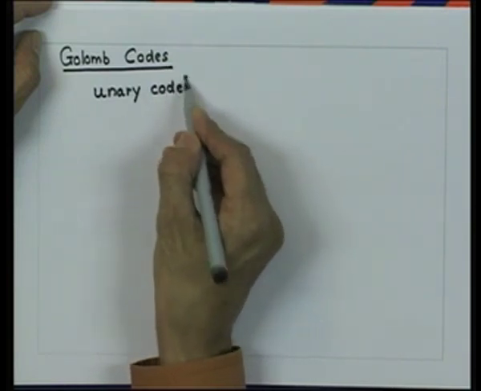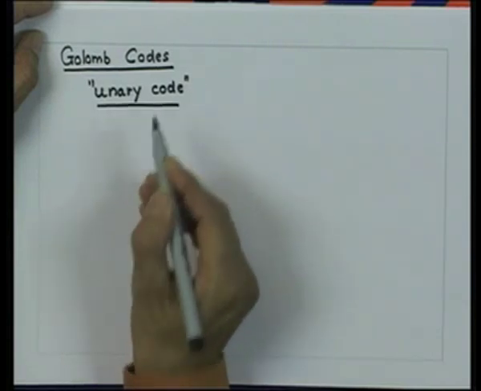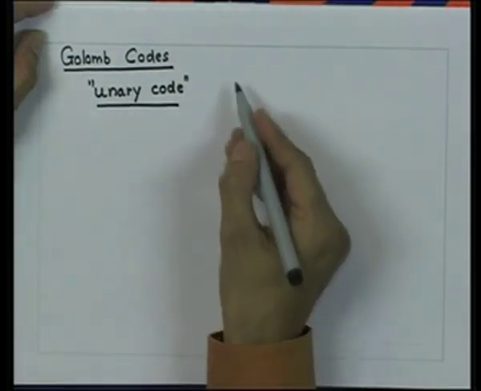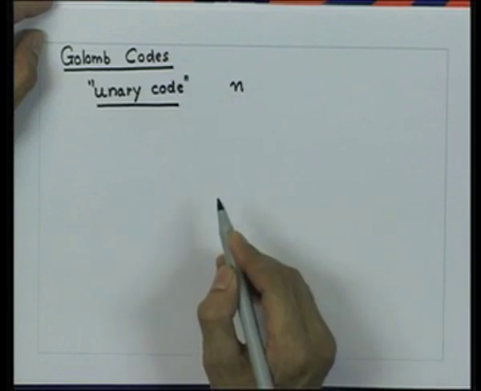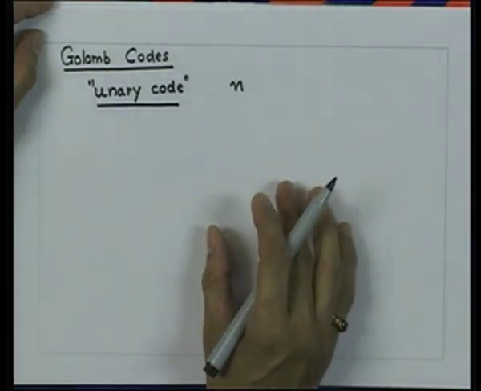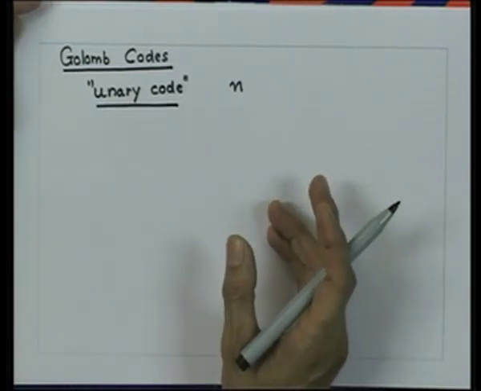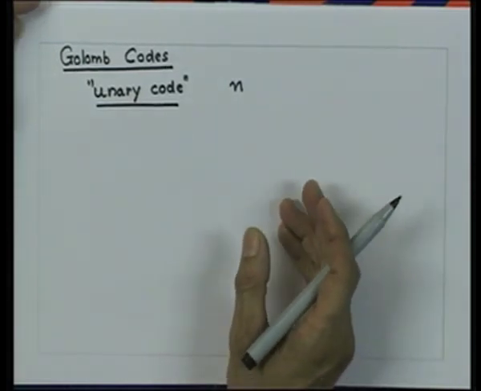The unary code for a positive integer n is simply n ones followed by a 0, or n zeros followed by a 1.